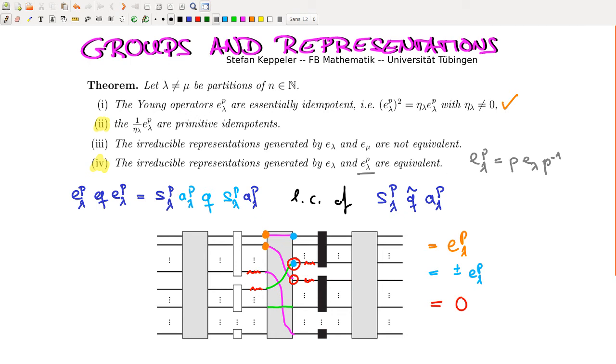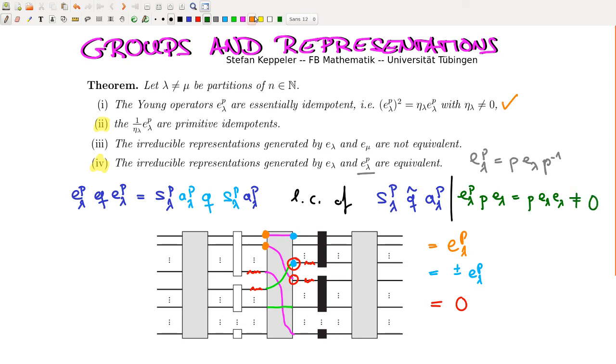And now we can look at this thing here. Let's say we look at E_λP times P times E_λ, and then the P inverse and the P from here cancel, so we get P E_λ, but E_λ is already idempotent, so it's just eta times E_λ, and then we have P times E_λ, and that's non-zero.